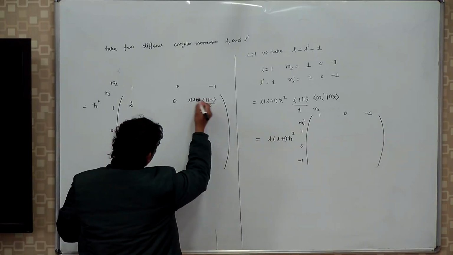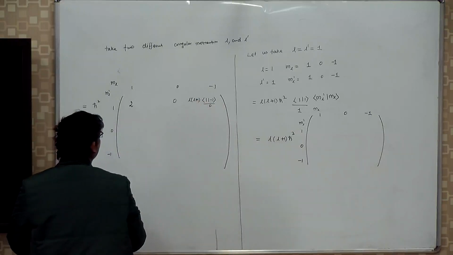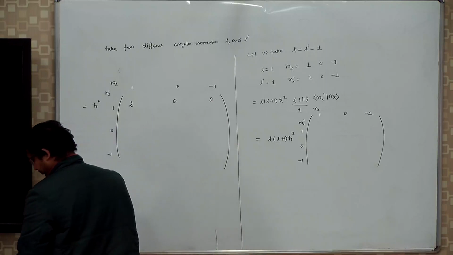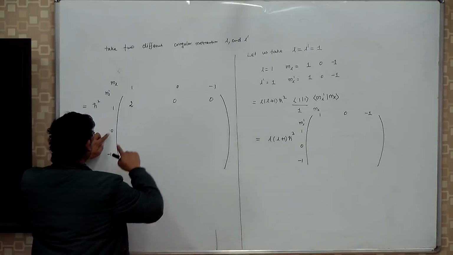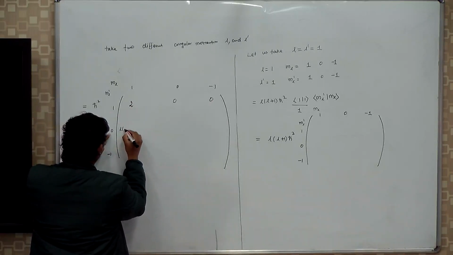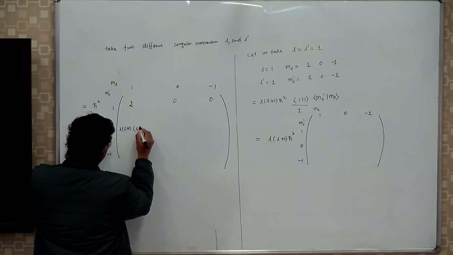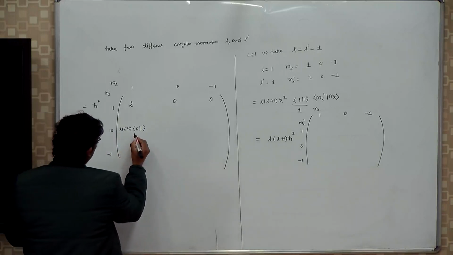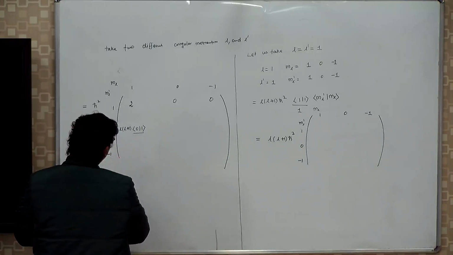Then the product will be 0 again. Coming to the inner product between 0 and 1, again as per the Kronecker delta function, this will be 0.